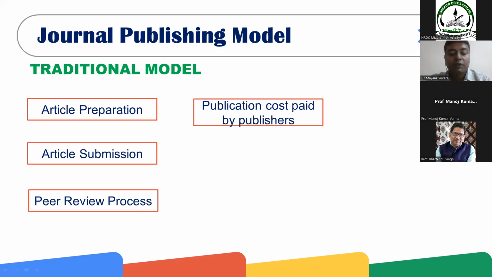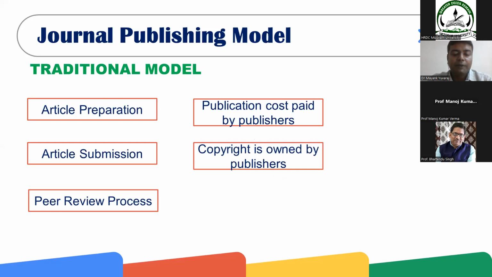Like, they used to collect five or six articles, combine them together and release them in the form of a journal. In the traditional model, this publication cost was paid by the publisher. And after the publication cost was paid, the copyright was also retained by the publisher. In the traditional model, authors do not own the copyright.